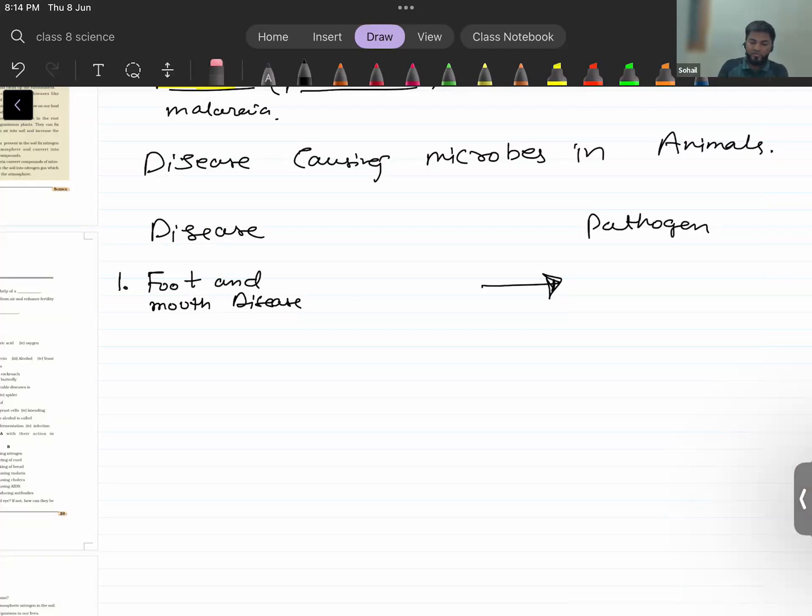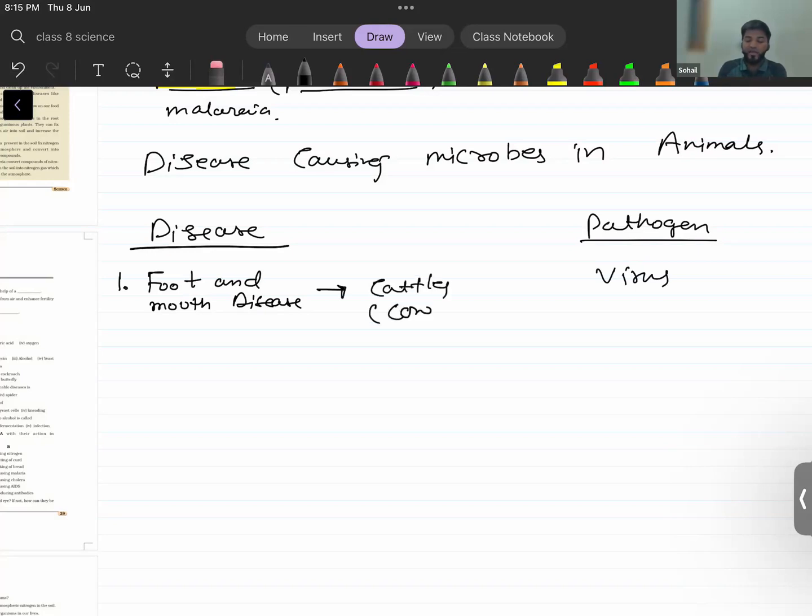So you see, this is caused by a bacteria. No, actually, it is caused by a virus. The pathogen responsible here is not a bacteria but a virus. Foot and mouth disease is most common in cattle, and the microorganism responsible for it is a virus.